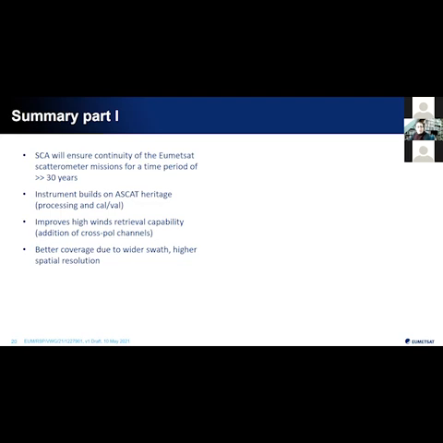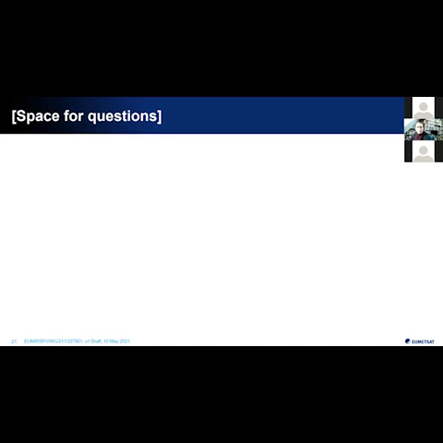And we will improve the high winds retrieval capabilities by adding cross-pole channels and have a better coverage and a higher spatial resolution. So that ends the first part of my talk.